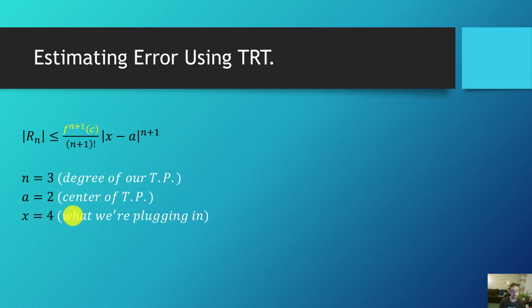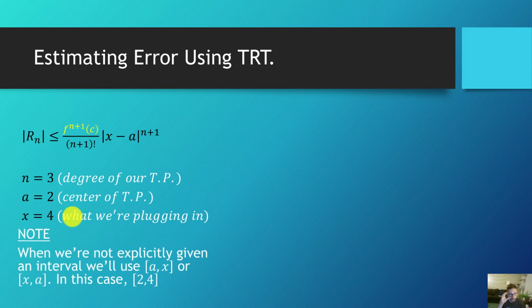And just a quick note, when we're not explicitly given an interval, we'll use a and x, the center and what we're plugging in, from whichever one is smaller to whichever one is bigger. So in this case, since a is smaller, our interval will be from 2 to 4, and 2 and 4 are the endpoints we'll test out in the derivative.